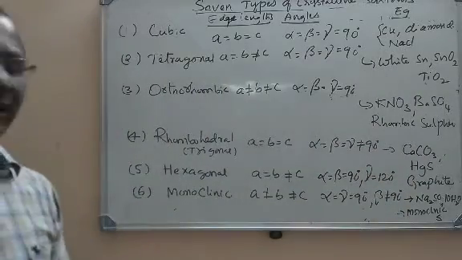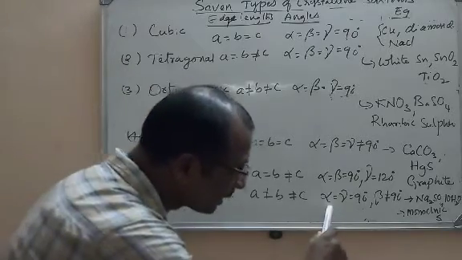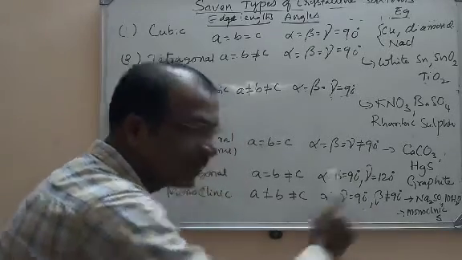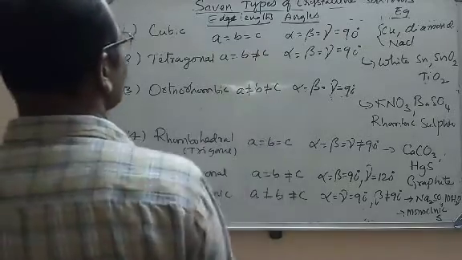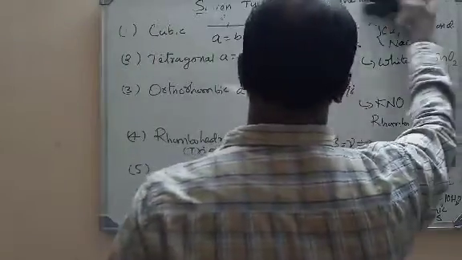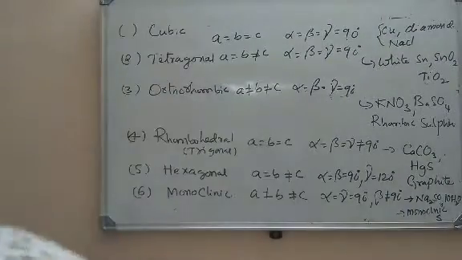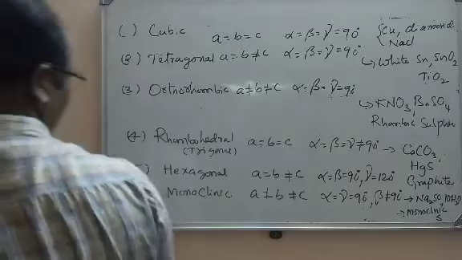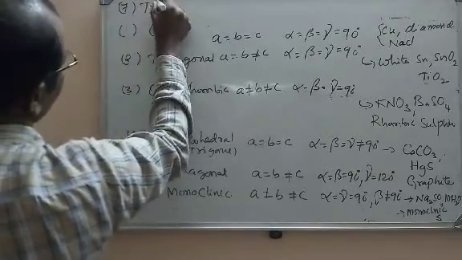So this is the 6th crystalline system where A is different from B is different from C, and alpha and gamma are 90, beta is other than 90. And let me write the last crystalline system here. The last crystalline system is the 7th one, that is triclinic.